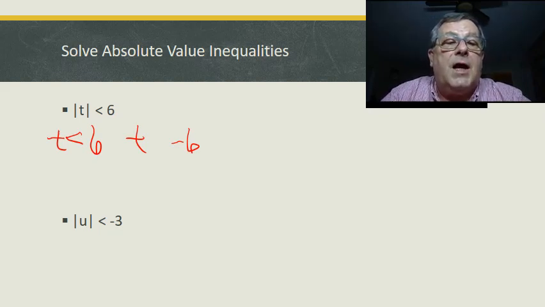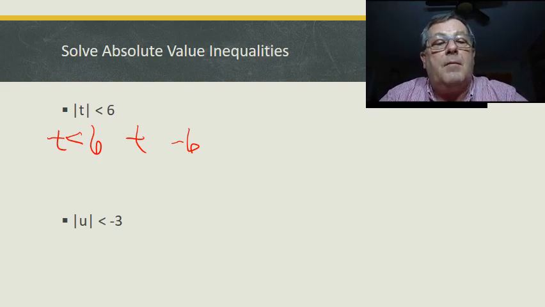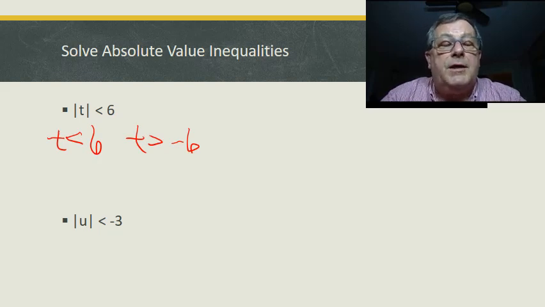But there's something else I've got to do on an absolute value inequality when I'm solving for the solution set. When I set up that second case, not only am I going to set the 6 to a negative, but I'm also going to reverse or flip the inequality symbol itself to make it read t is greater than negative 6.